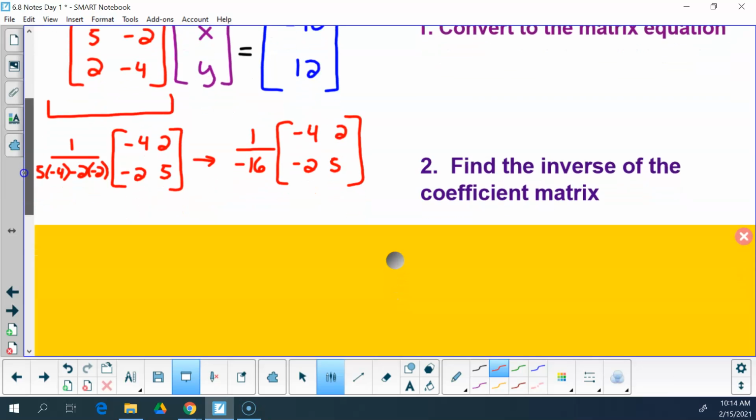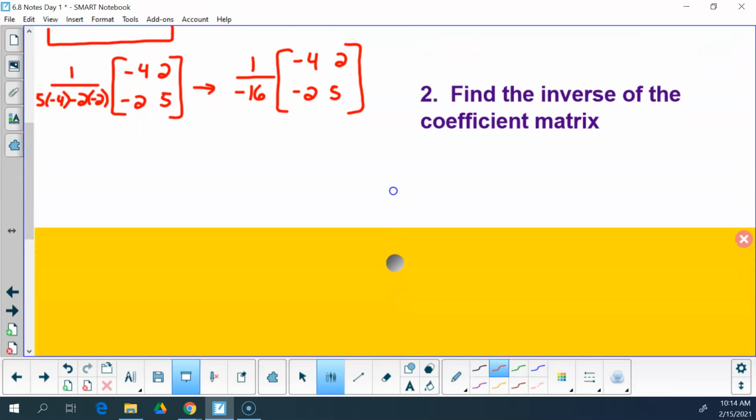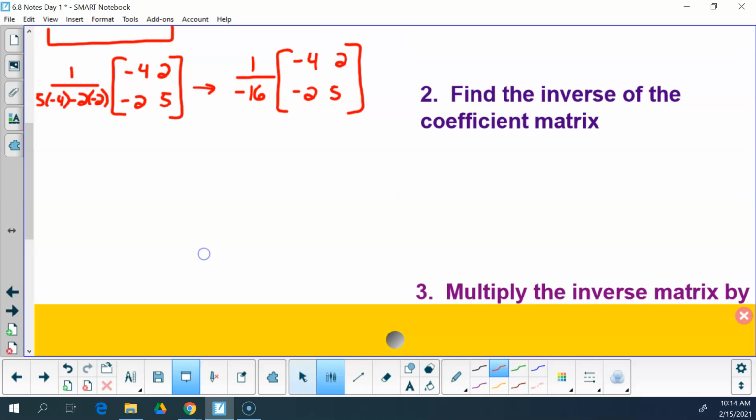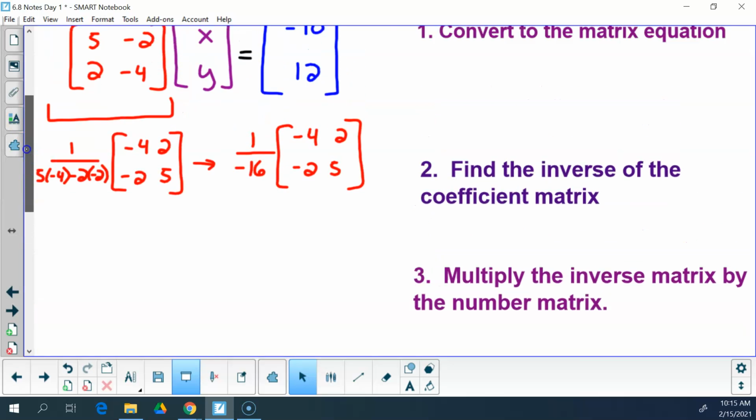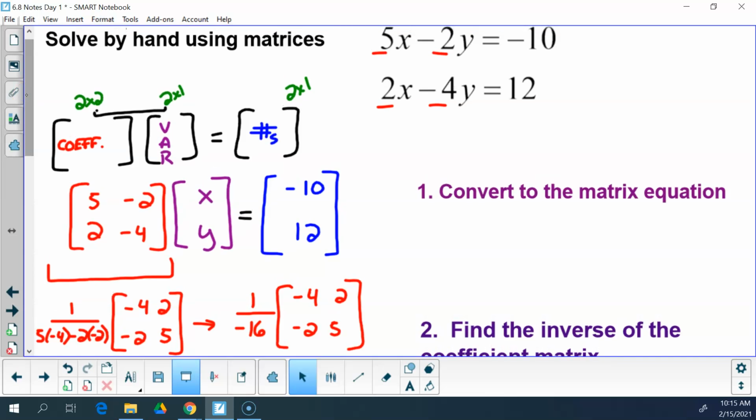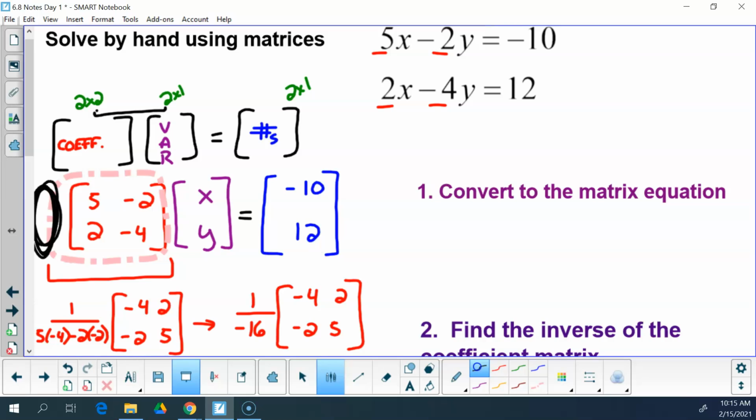Now, what we're going to do is multiply the inverse matrix by the number matrix. So if I go back up here to my equation, I want to get rid of this red matrix right here. In order to do that, I am going to have to multiply by the inverse, because a matrix times its inverse gets rid of it.